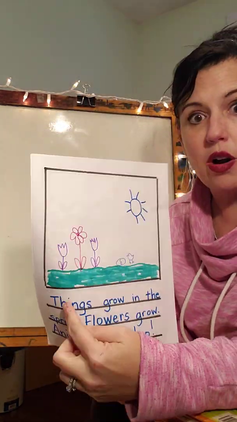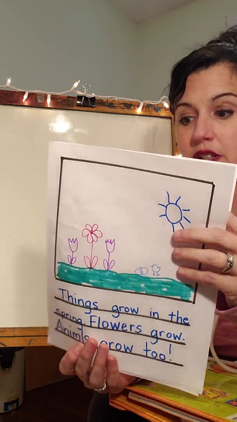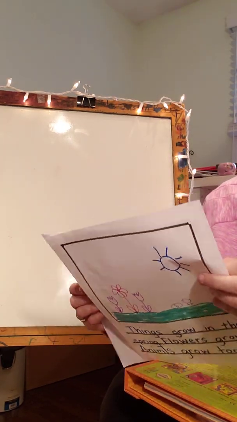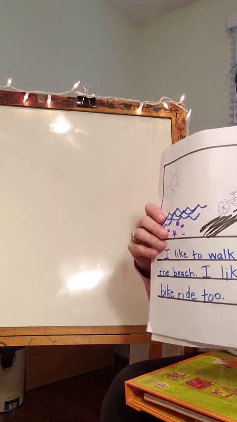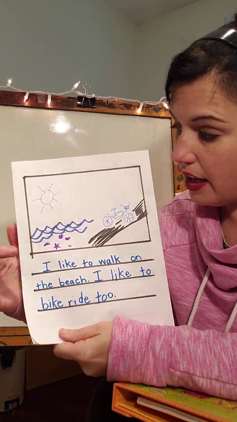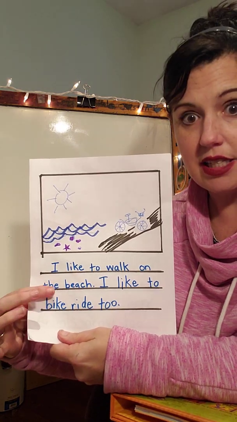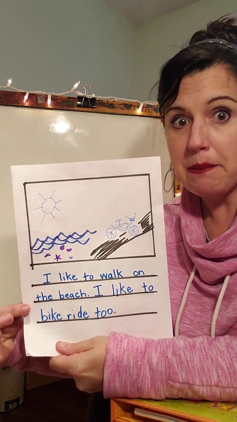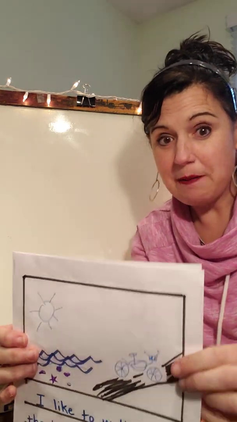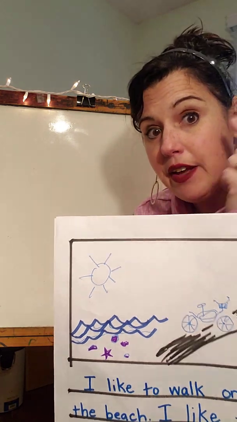Are there some more things you can add to your pictures? Can you add color and any more things in your pictures to make your sentences, your words, and your pictures make more sense? So today, when you're doing your writing, and if you're choosing to finish up your All About book, think about those things.